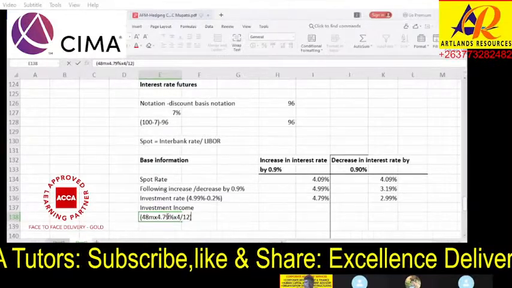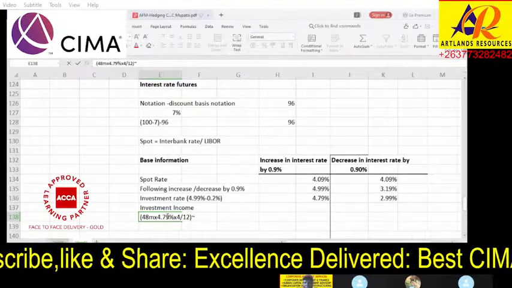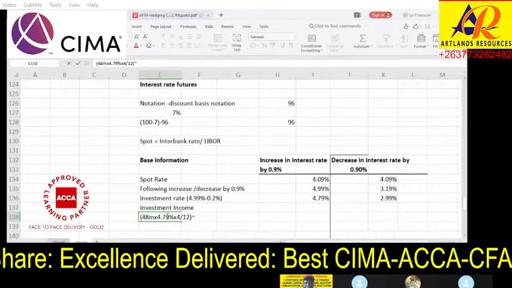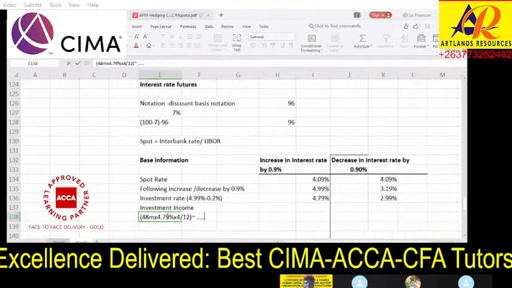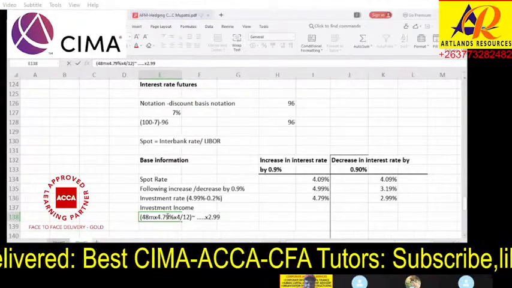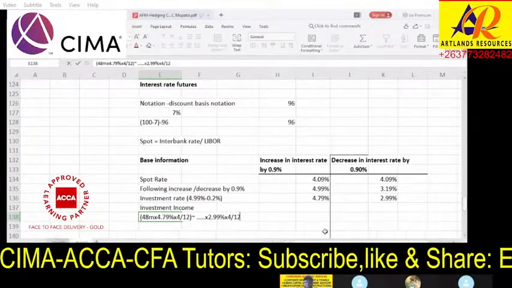Always know that these are annualized rates. Then the other one is the same, but times 2.99% times 4/12 on the other side.